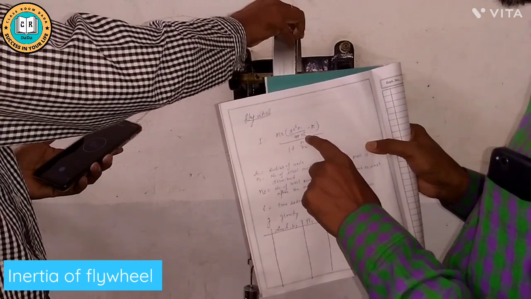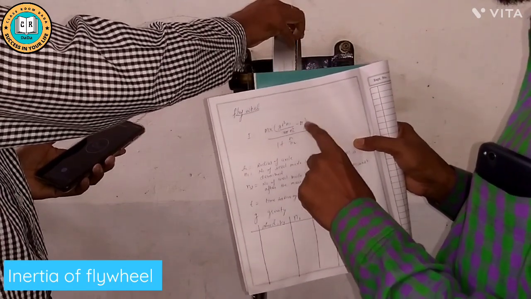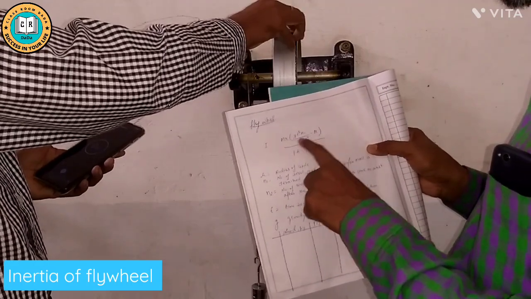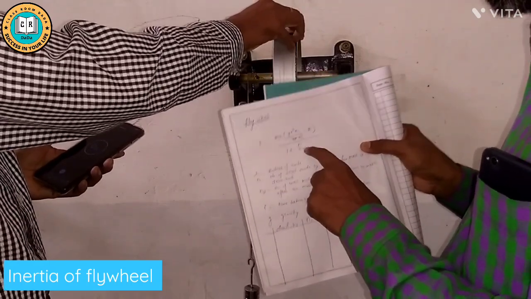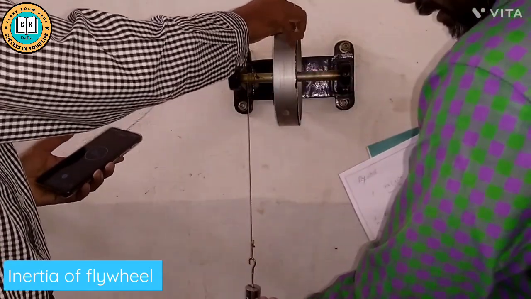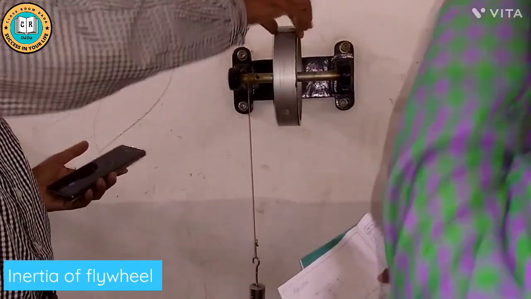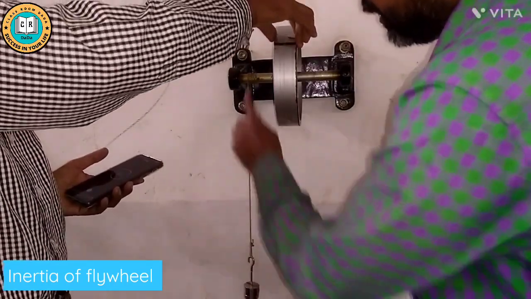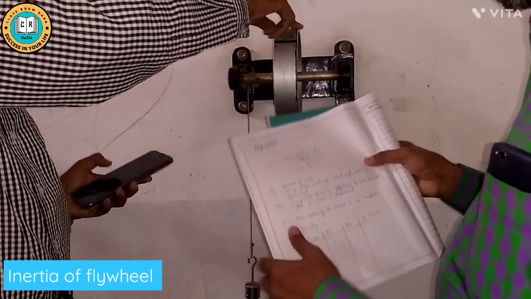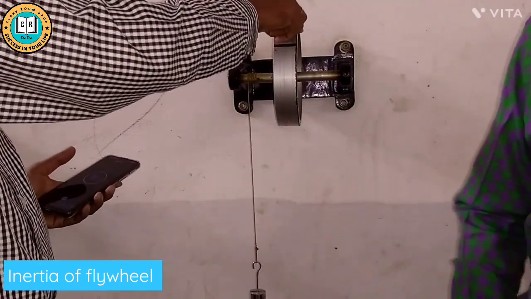N1 is the revolutions before detachment, N2 is the revolutions after detachment, and r is the radius of the axle. So we have to take the readings N1, N2 and t. R and M are known: M is this mass and the radius is fixed.